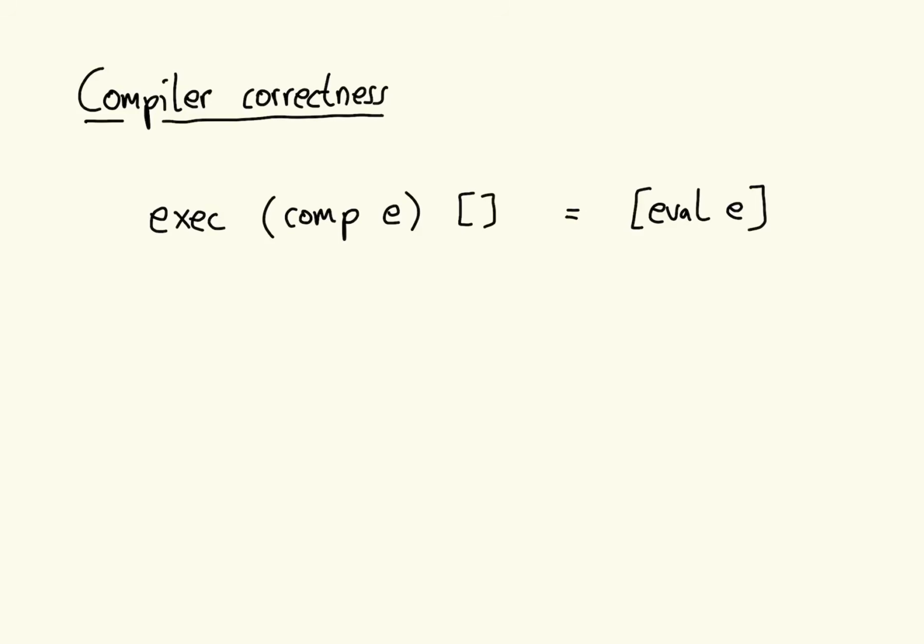And this is exactly what we saw with our example. When we compiled our example expression and we executed it using an empty initial stack, we got the value 9 sitting in a little stack on its own.